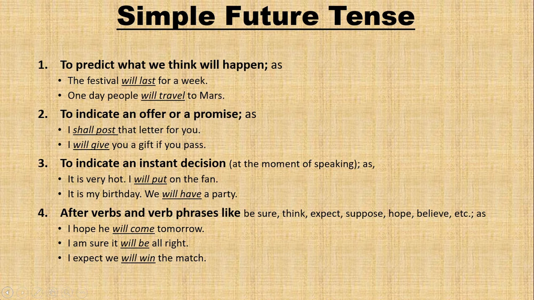So we aren't sure about anything, but we hope and we assume that so and so will happen. Please keep in mind these phrases that are flashing on your screen: be sure, think, expect, suppose, hope, and believe. With these, we always use simple future tense only. Alright?